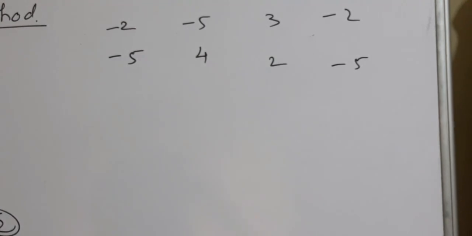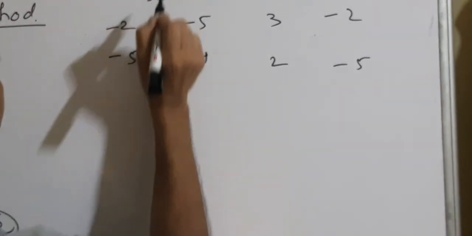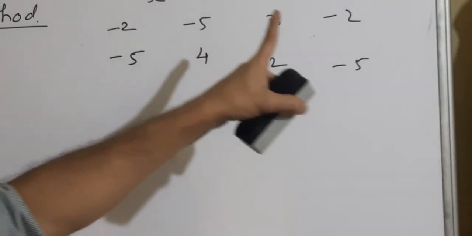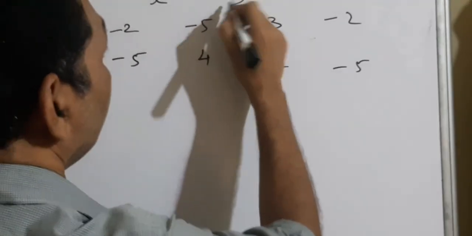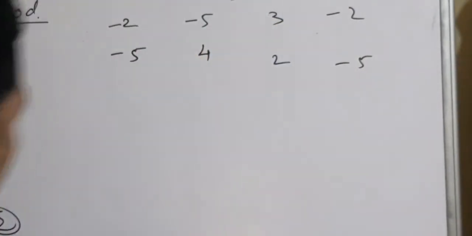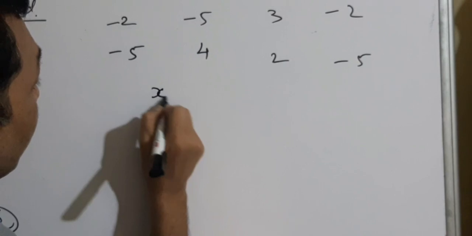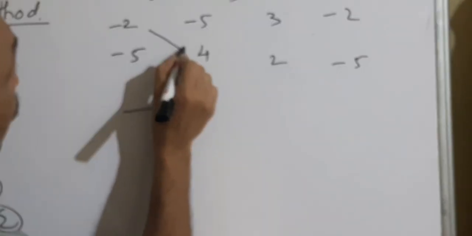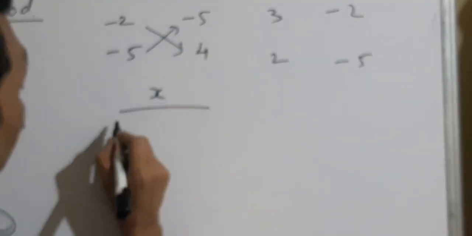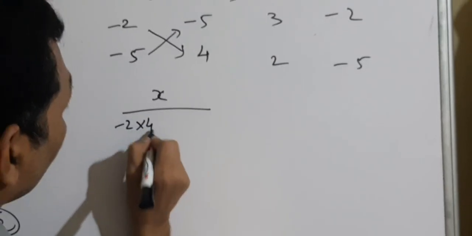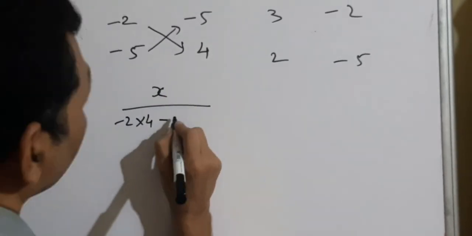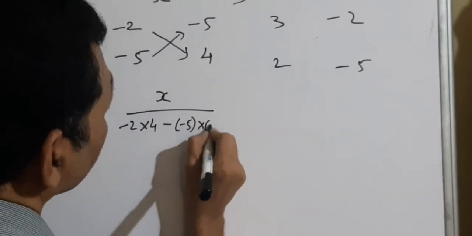When we have taken b1, c1 we write x here, when we have taken c1 and a we take y here, and we take 1 here. So the next step will be x upon this into this minus this into this: minus 2 into 4 minus 5 into minus 5.